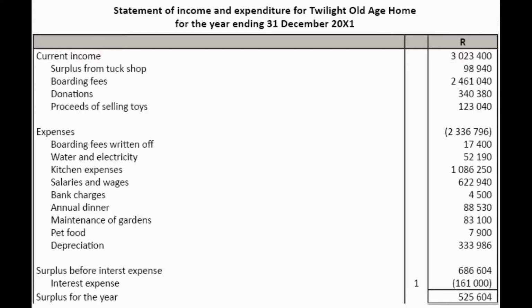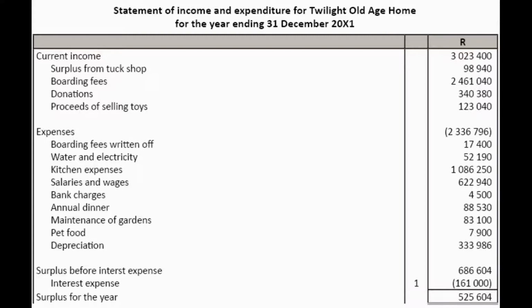Okay, let's start with the statement of income and expenditure. Let's start with the current income. The surplus from the Tuckshop, we've just calculated in the trading account. Boarding fees, we get that amount from the boarding fees account that we've calculated. And then donations, we get that amount from the trial balance: donations, 380.